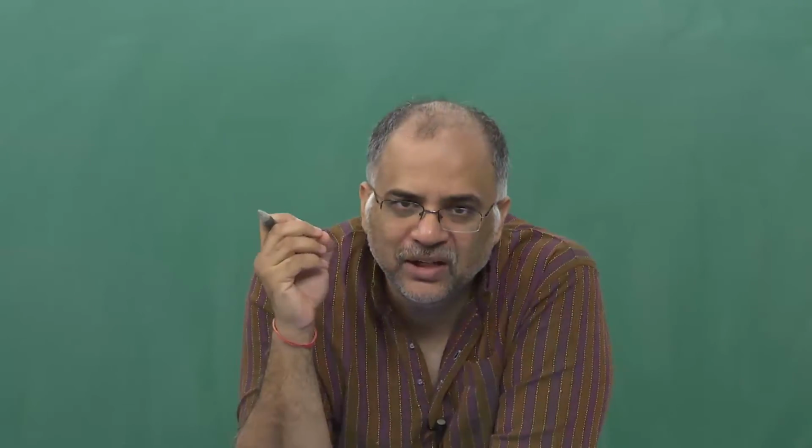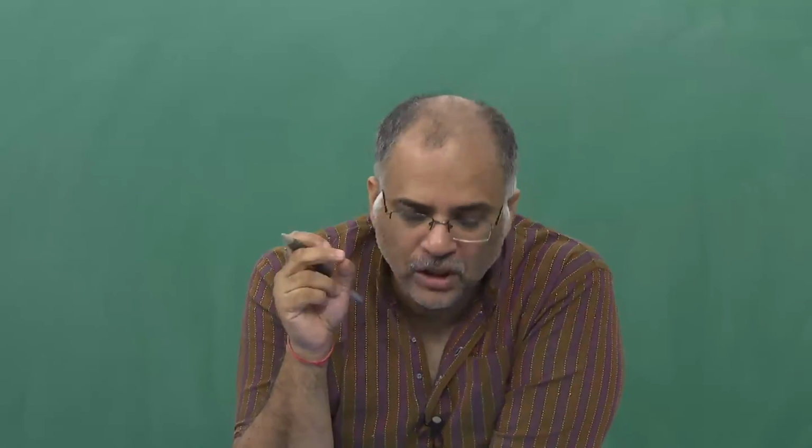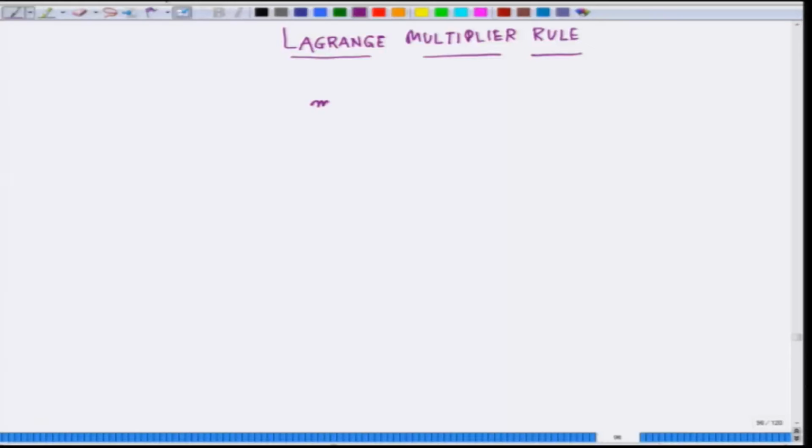We were not putting any restrictions on x and y, but now we can put a restriction on x and y, and we seek to minimize a function of two variables. You can maximize also, do not worry, subject to g(x, y), which is another function of two variables.